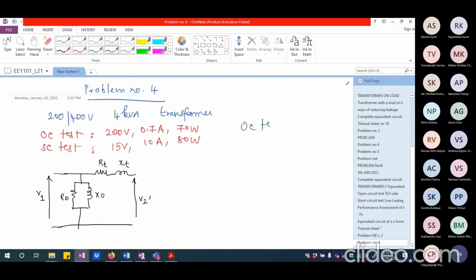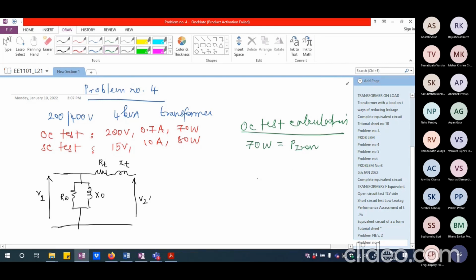So let's do the open circuit test calculation again. So what you have here is 70 watts happens to be P constant or P iron. These are the iron losses. So we will be able to calculate the efficiency of this transformer also very easily, because we have the no load test and short circuit test data.